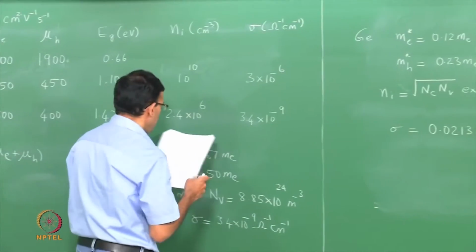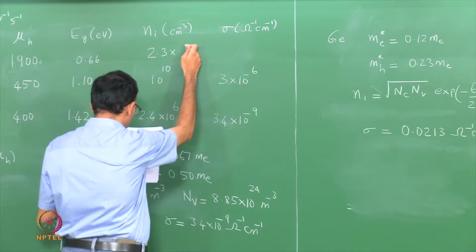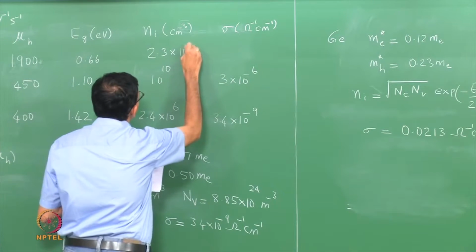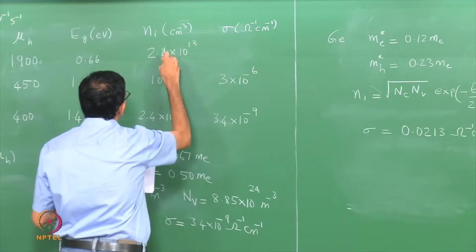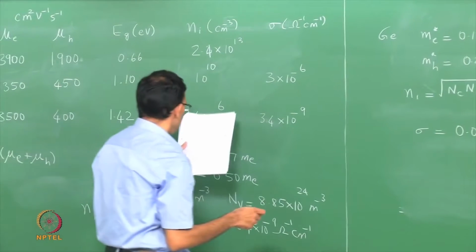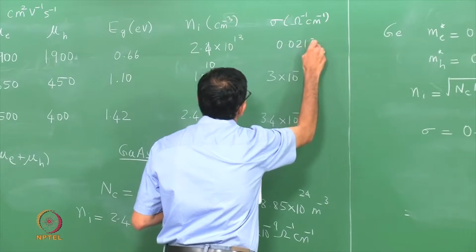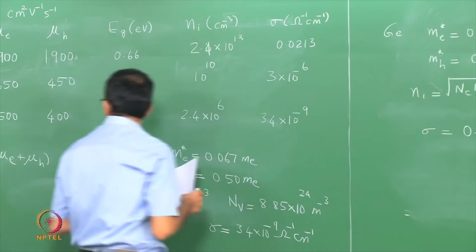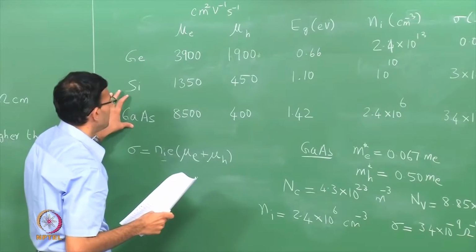In the case of germanium, your carrier concentration is 2.4 times 10 to the 13, and the conductivity 0.0213.